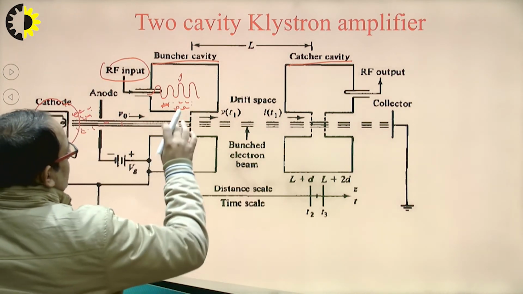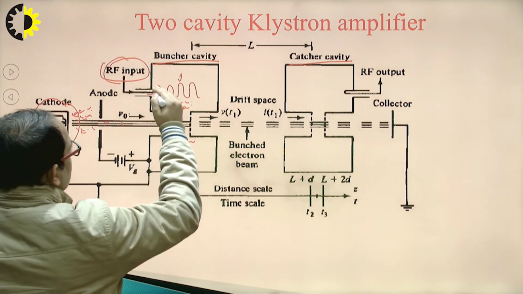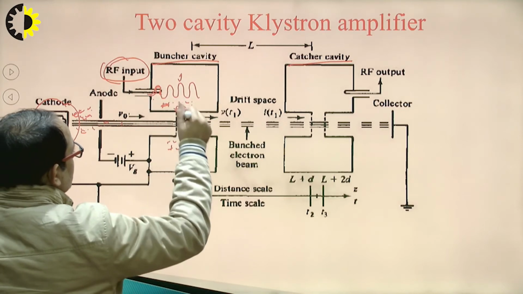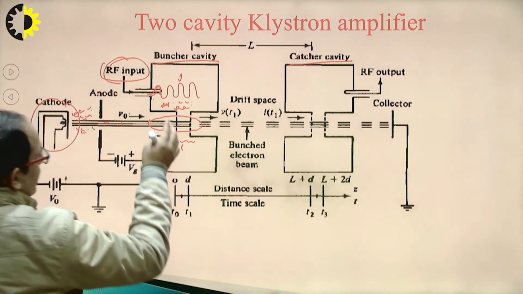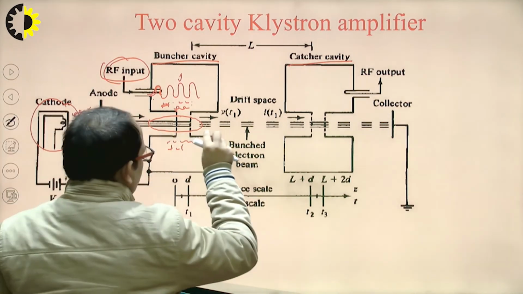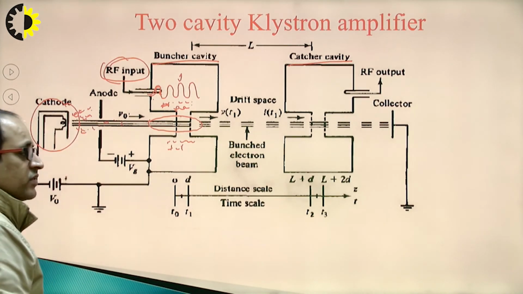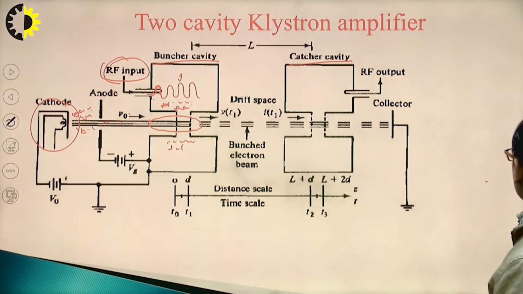Now you will see the bunching of electrons. The RF input provides this microwave signal, and this RF signal interacts with the electrons and they get bunched. The speed of some electrons increases, and the speed of some electrons decreases.